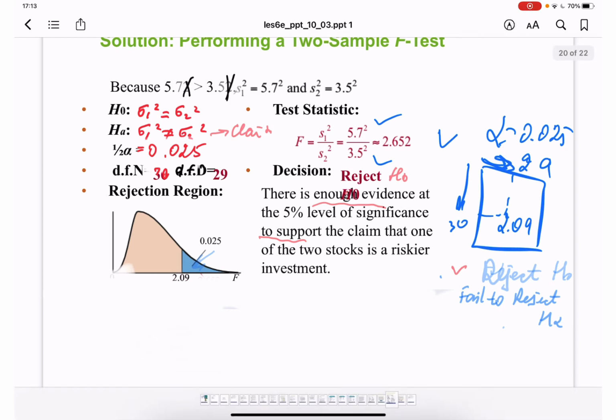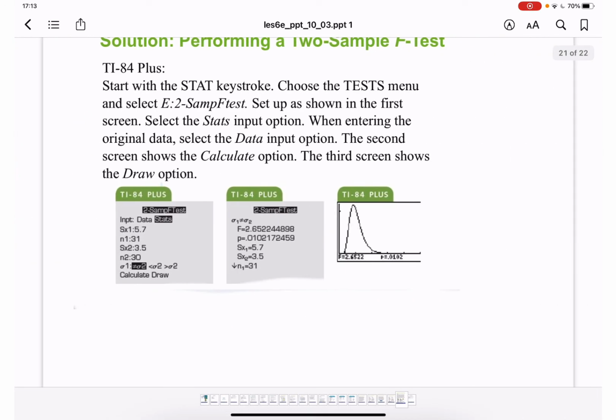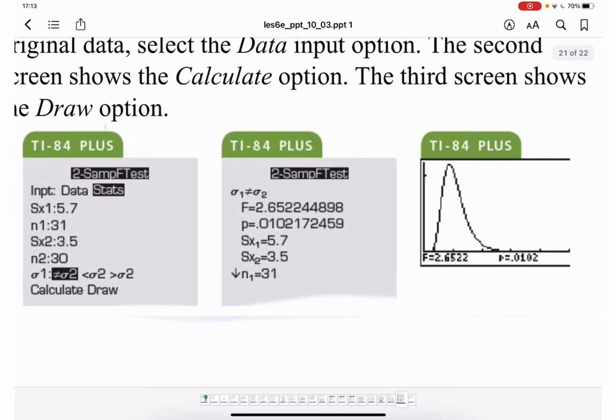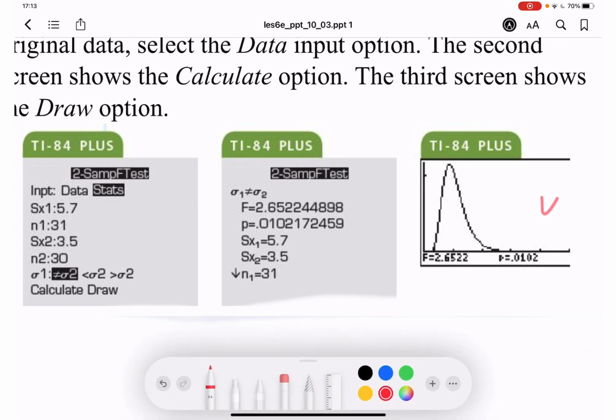Okay, so moving to the next, here is a test on the scientific calculator with statistical operations. This is the F test, and here we have the p-value, sigma 1, sigma 2, and here is all the information with the alternative.